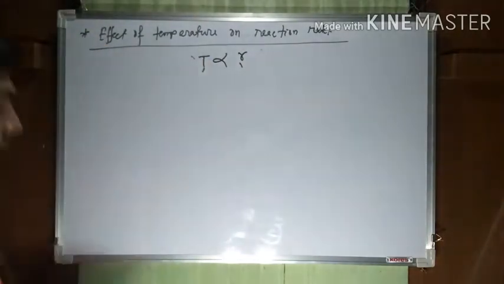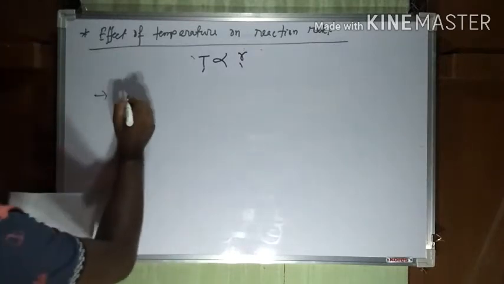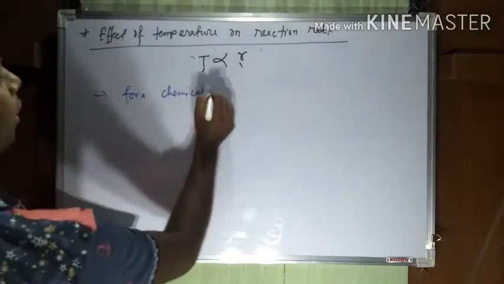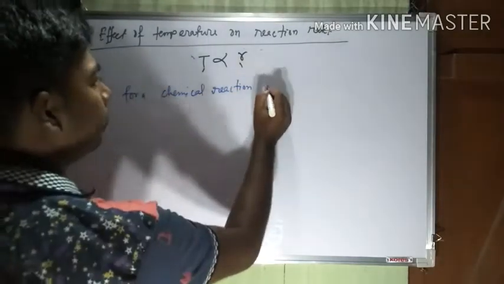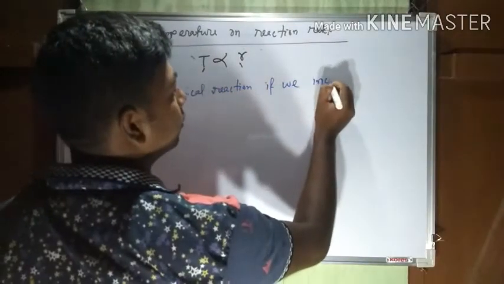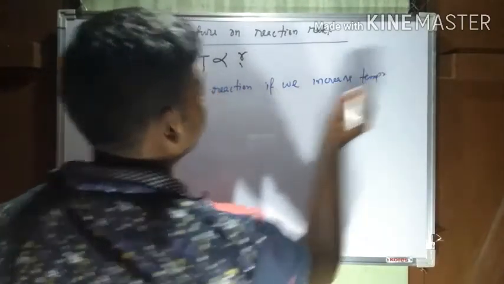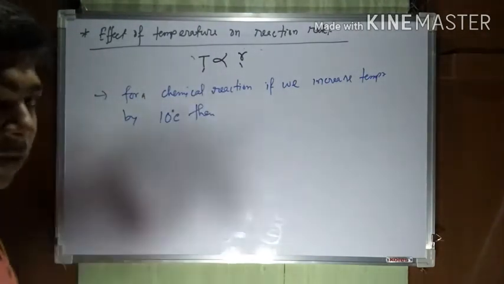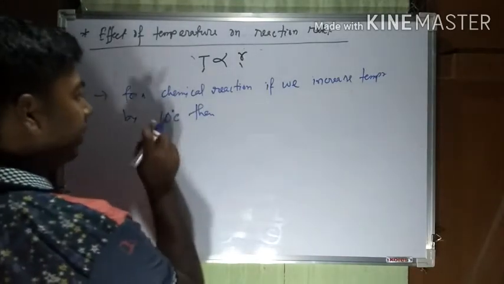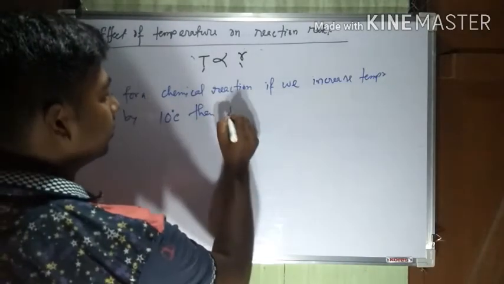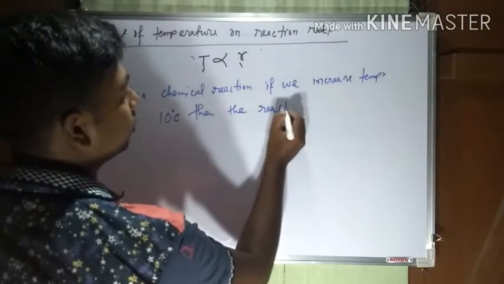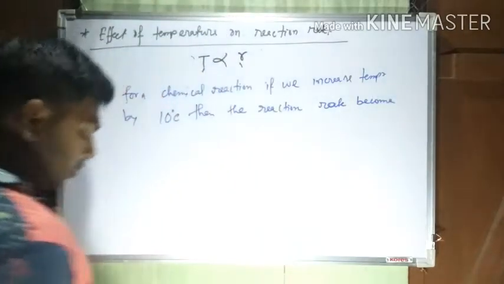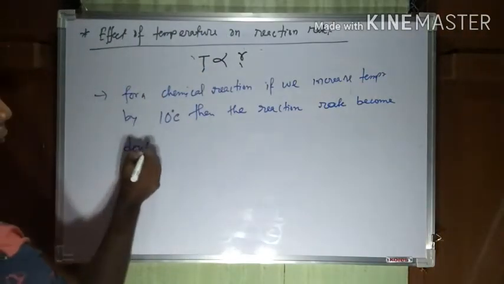Now see, it is experimentally found that for a chemical reaction, if we increase the temperature by 10 degrees centigrade, then the reaction rate becomes double.